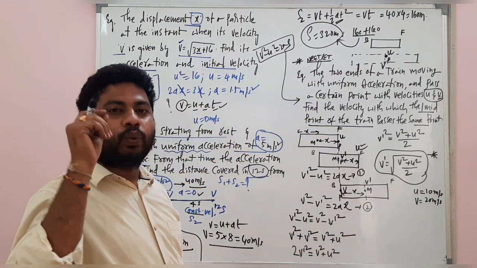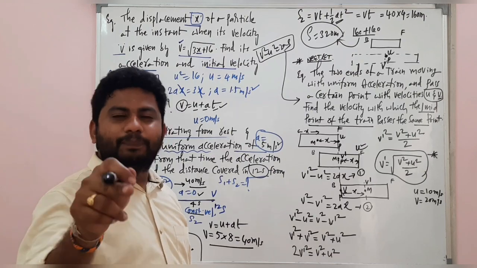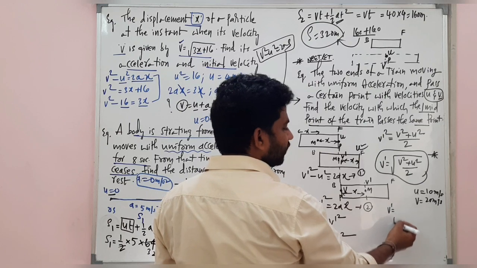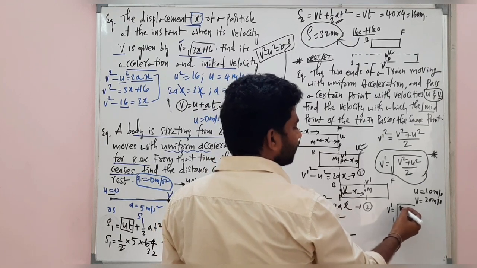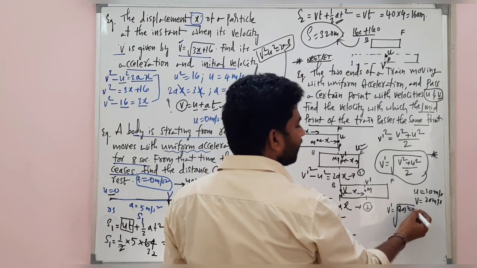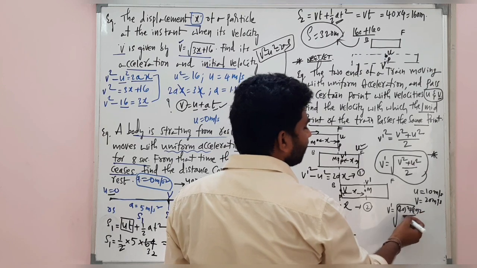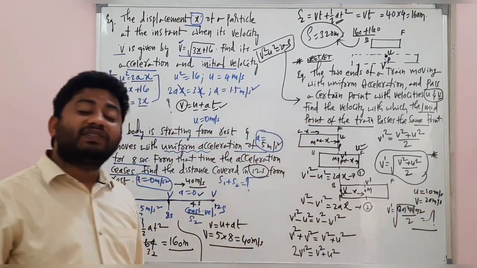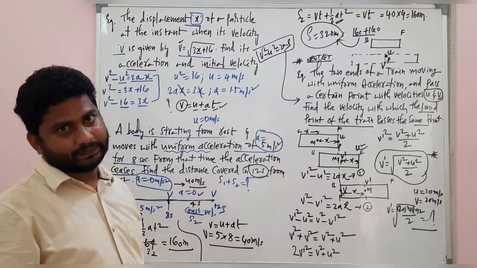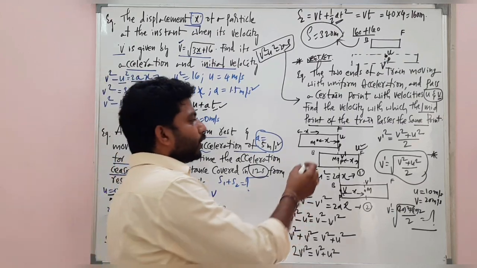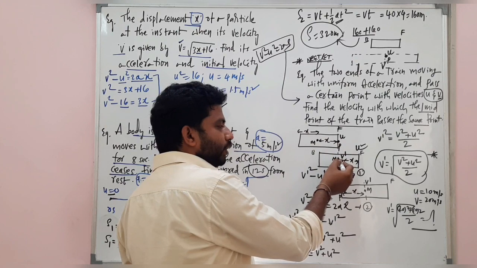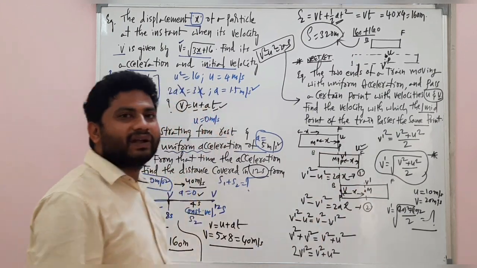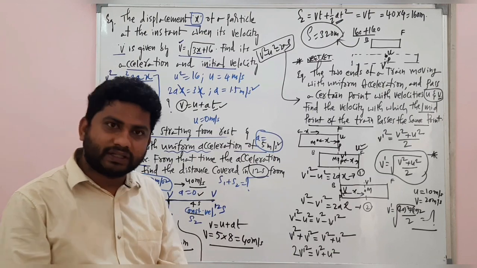The question is, with what speed does the midpoint of the train pass through the same point? So v dash is equal to square root of 20 square plus 10 square divided by 2. You get some answer, and with that much speed, the midpoint of the train passes through the same point.